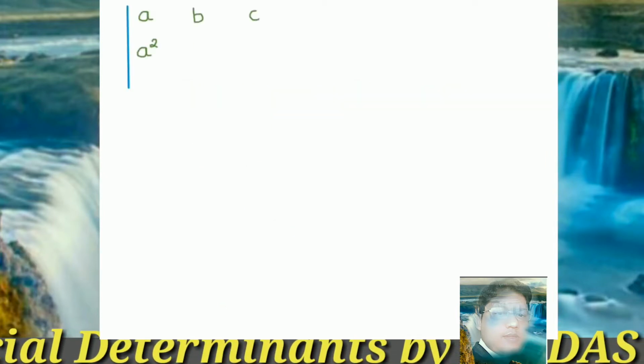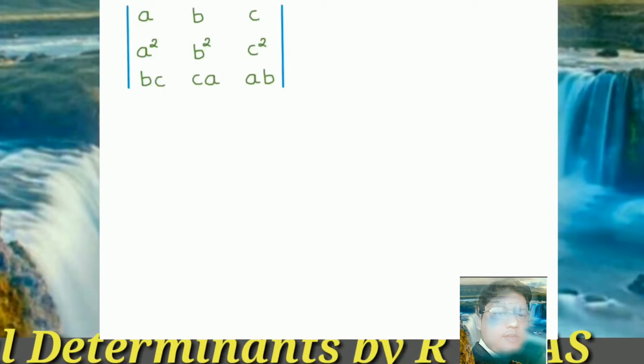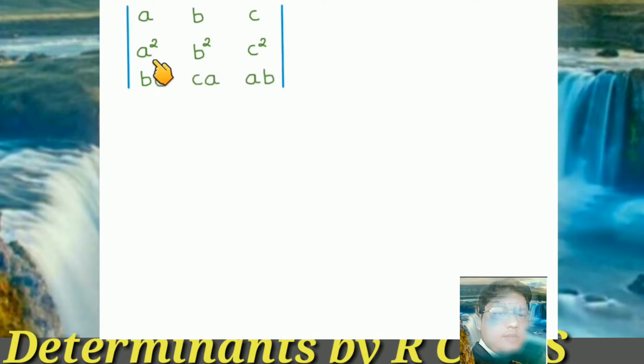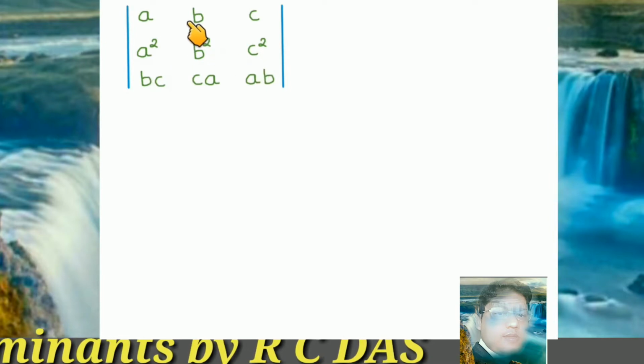The given question is the determinant of A, B, C; A square, B square, C square; BC, CA, AB. That means, my dear students, instead of BC, it should be B square, and instead of B square, it should be B cube.